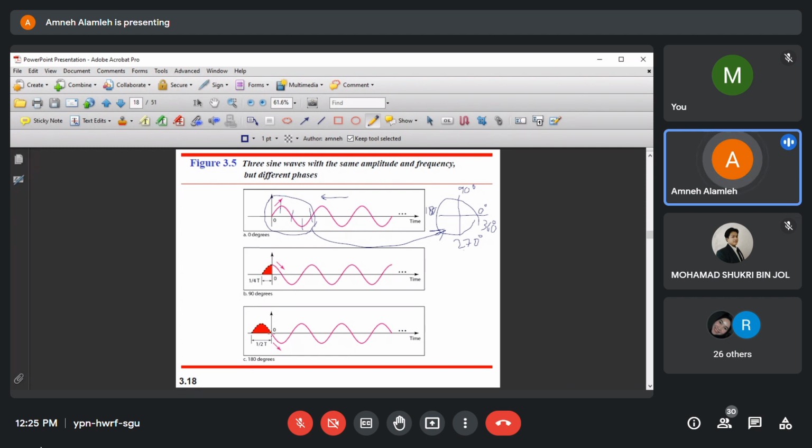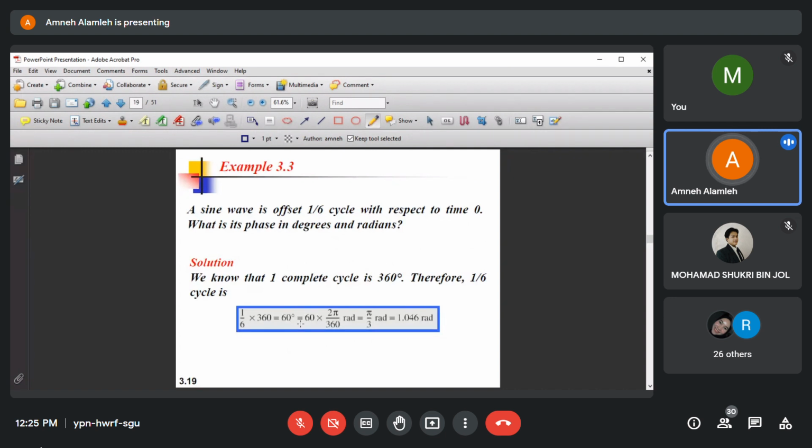This is what we mean by the phase. One feature of the signal, the sine wave, is the phase. We will learn more about this. There is an example: a sine wave is offset 1/6 of the cycle with respect to time 0.